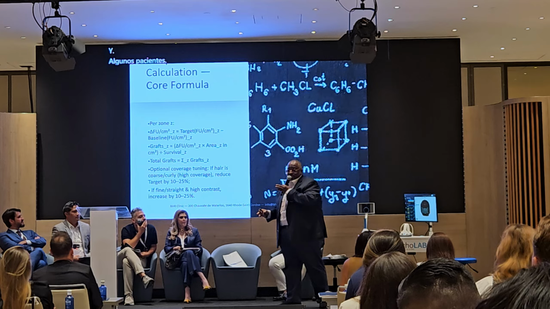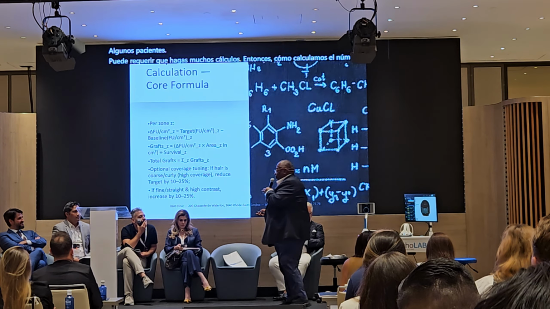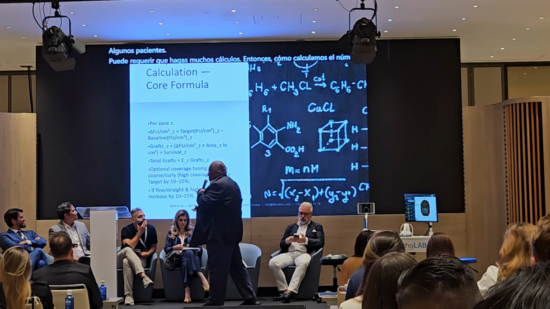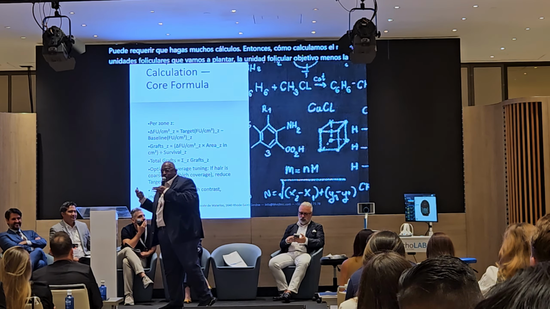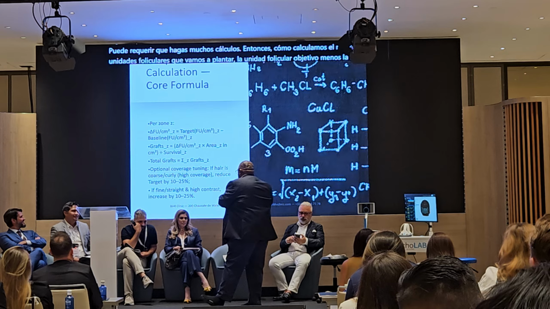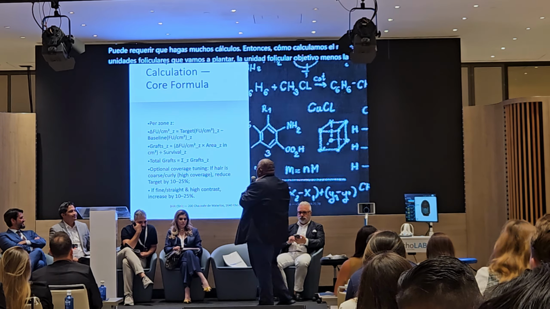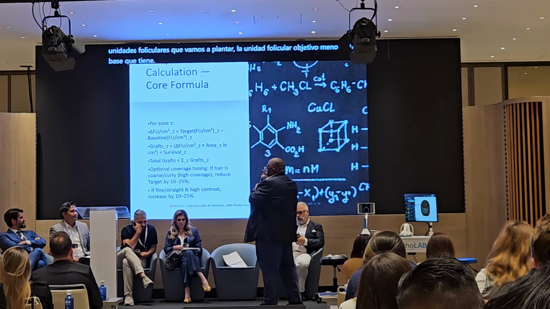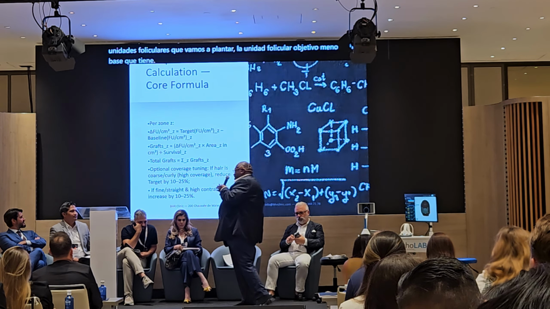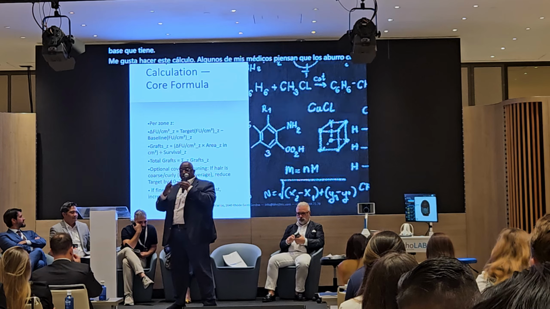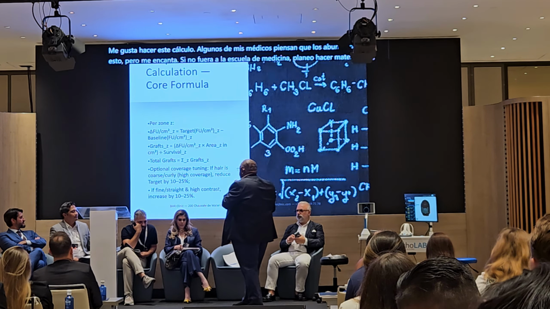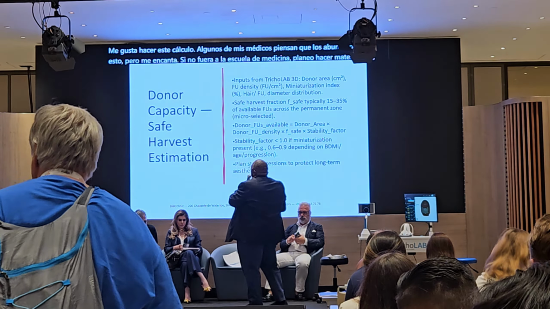Some of my doctors think that I bore them with all this, but I love it. If I was not going to medical school, I was planning to do mathematics, so this is something that I enjoy doing and explaining. But you really have to understand, and when you have an engineer coming into your office, they want all this data so they can understand how you plan your surgery.